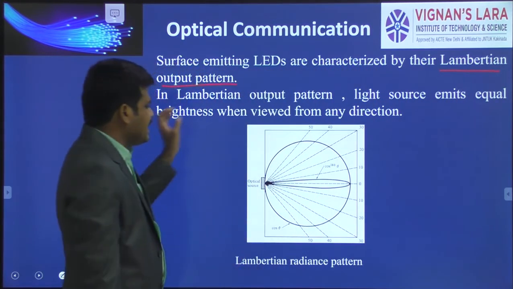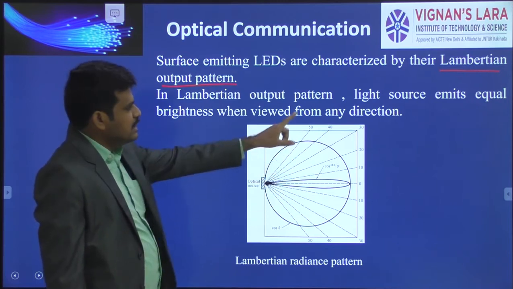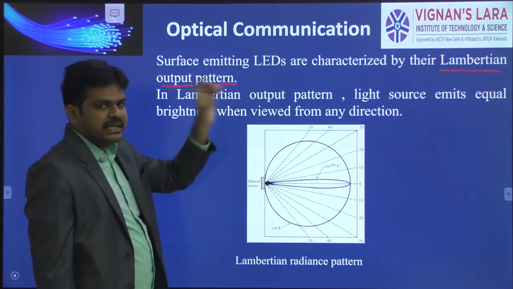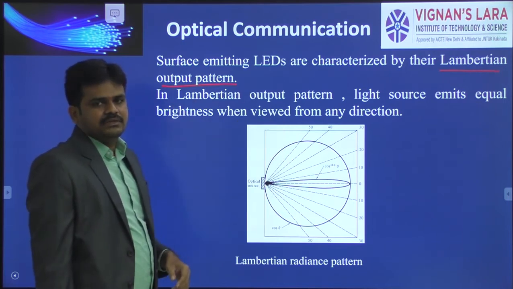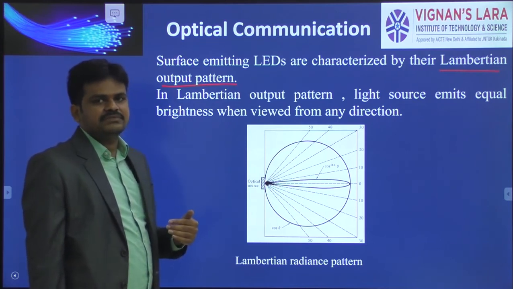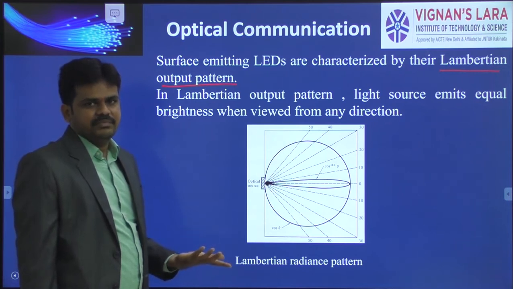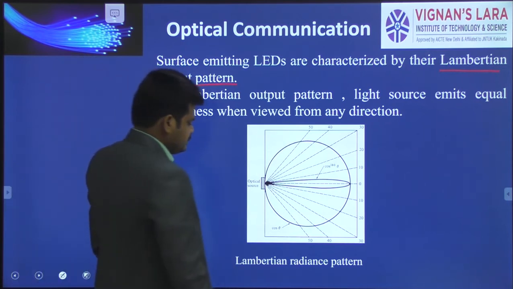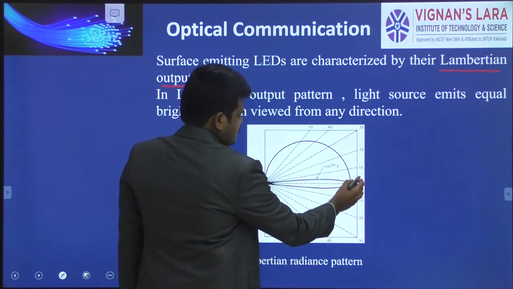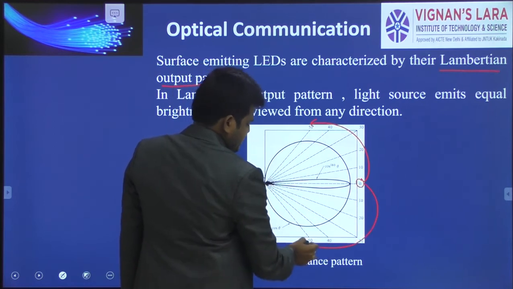In the Lambertian output pattern, what it is? The light source emits equal brightness when viewed from any direction. If you view the light source from any direction, the brightness will be same. So you can see here the Lambertian radiance pattern, 0 to 50 degrees in this direction or 0 to 50 degrees in this direction.